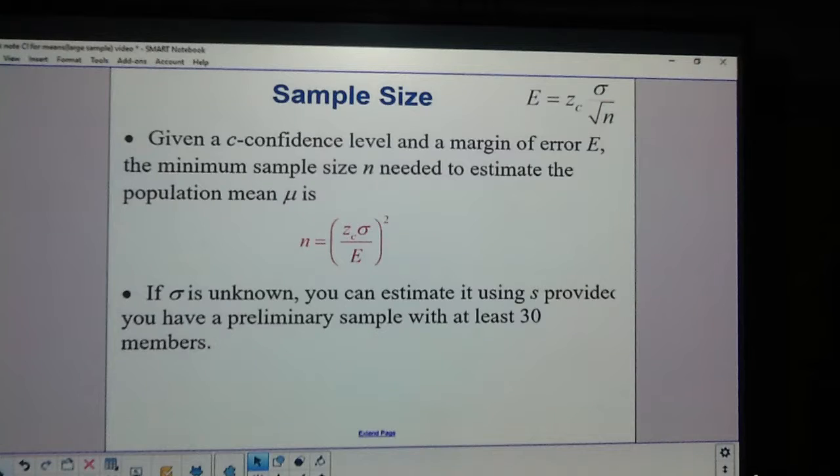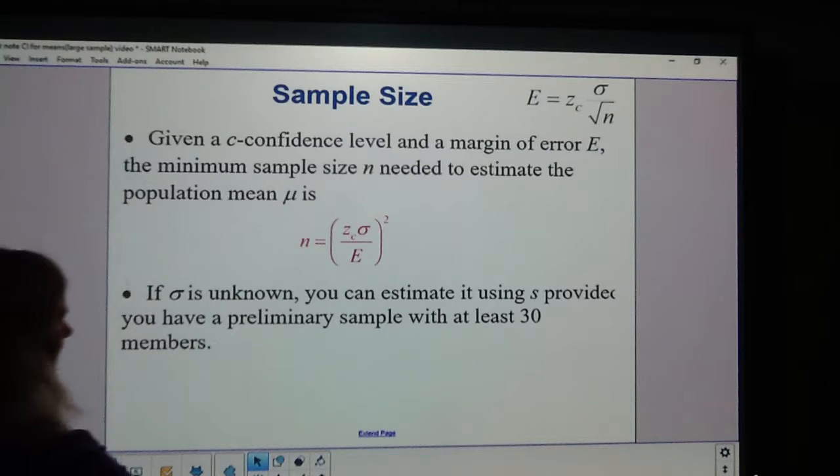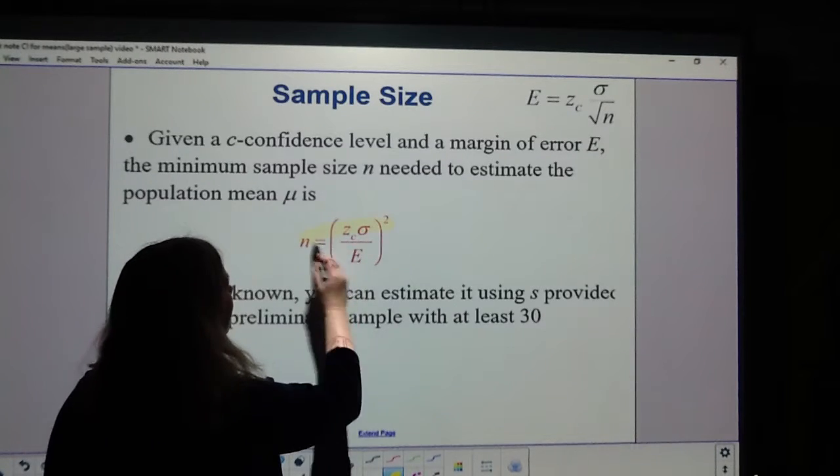And the reason I said I wanted you to remember that E formula is because we can use it to solve for n. Maybe we're given a confidence level and we're given an error, and maybe we need to find the sample size n. So if I take that formula and solve that for n, if I multiply each side by the square root of n and divide by E and then square my results, I get this formula.